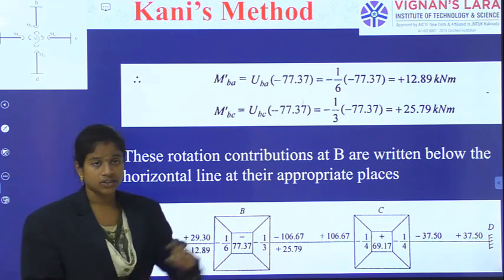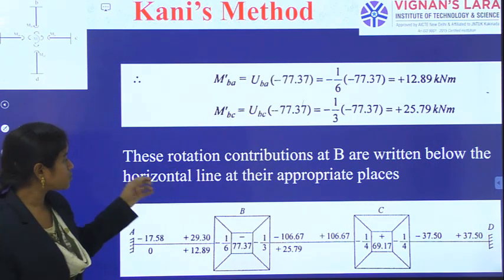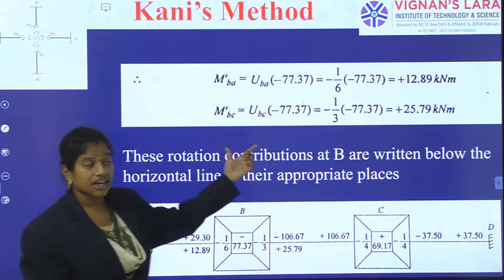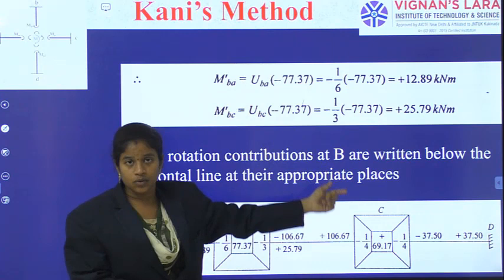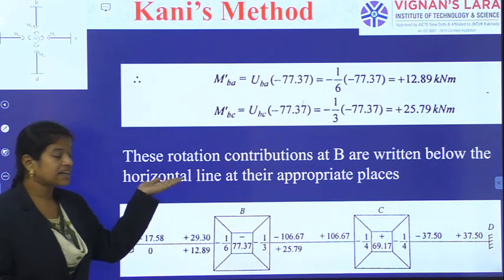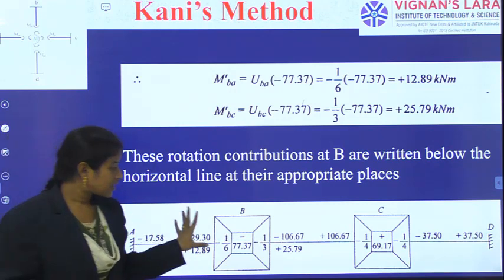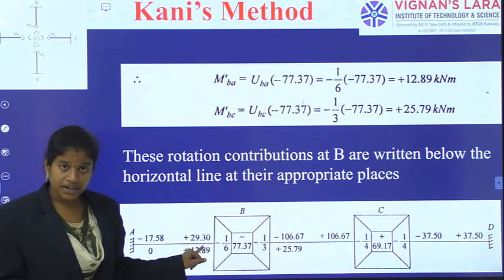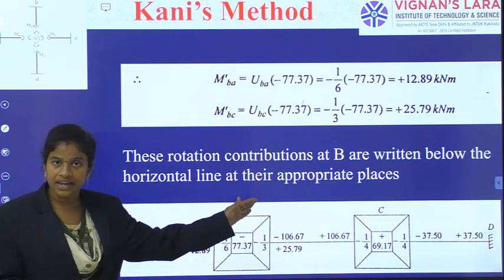Now those two values, plus 12.89 and plus 25.79, the rotation contributions at B towards A and B towards C, will be written below the horizontal line at their appropriate places as shown below. The original structure is as it is, but we have already given the B towards A and B towards C fixed moments right above the line.